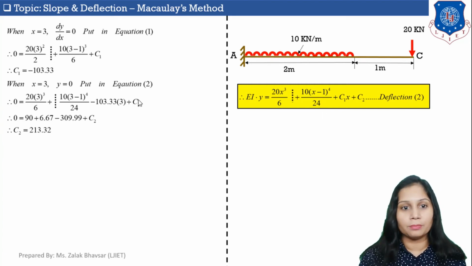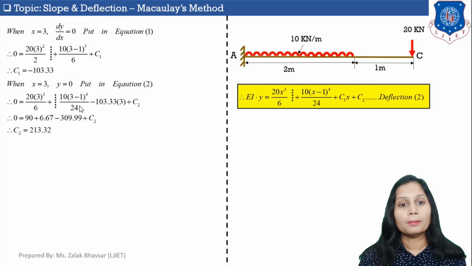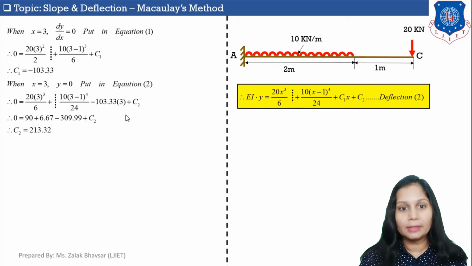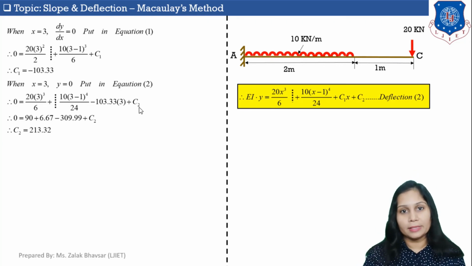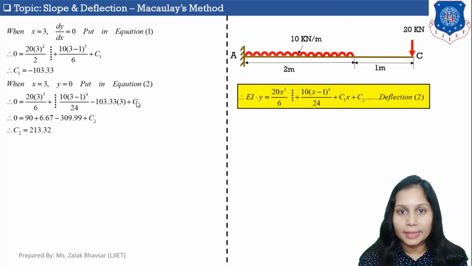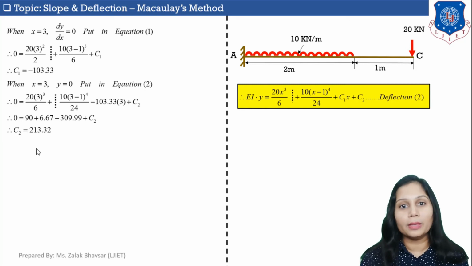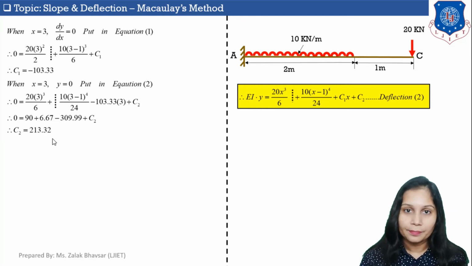Replacing x with 3, so 3 cubed by 6, plus 10 into, replacing x with 3, (3 minus 1) raised to 4 by 24, minus 103.33 into x, meaning 3, plus C2. By calculating this, I will get the value of C2 is equal to 213.32.